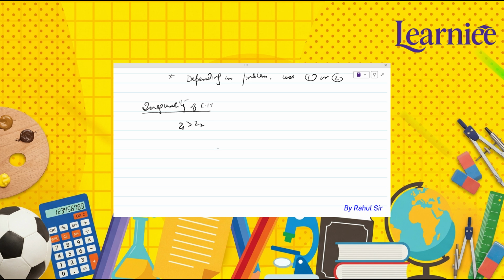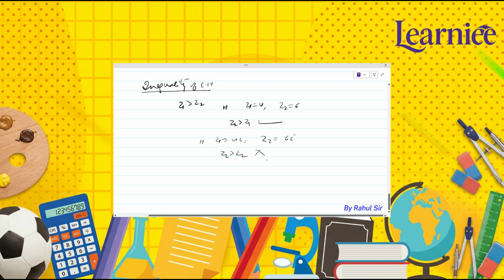But comparison between two complex numbers is not allowed. Basically it is allowed only if the complex numbers are purely real. For example, if z1 is equal to 4 and z2 is equal to 6, we can say that z2 is greater than z1. That is absolutely fine. But if z1 is equal to 4i and z2 is equal to 6i, you can't say that z2 is greater than z1, this is wrong. The inequality of complex numbers is in general not defined, it is only defined if they are purely real.